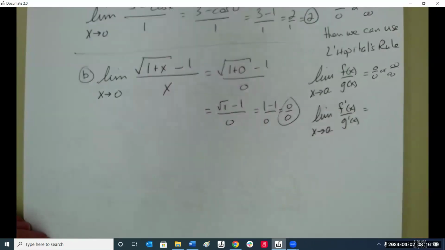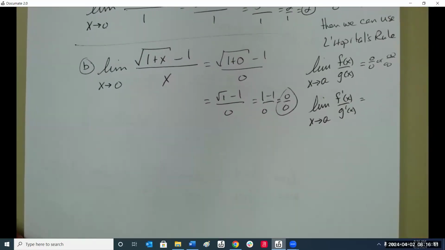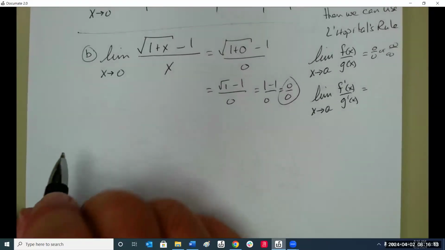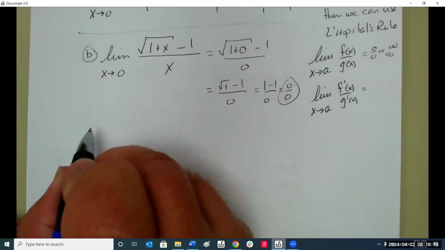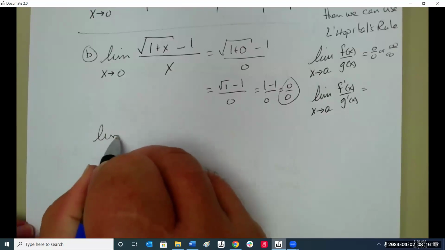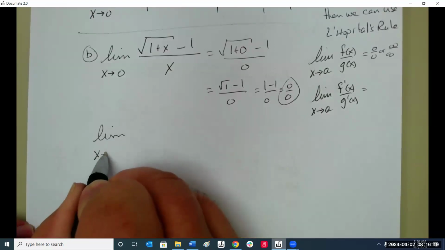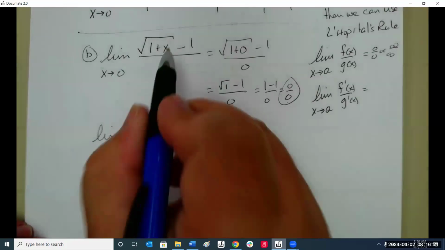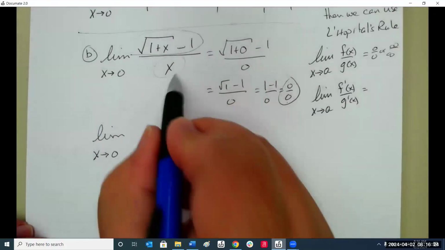We got 0 over 0. Since we get 0 over 0, what do we do? Take the derivative of the top and the derivative of the bottom.